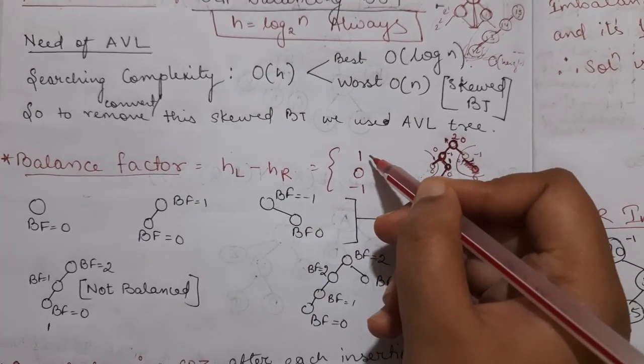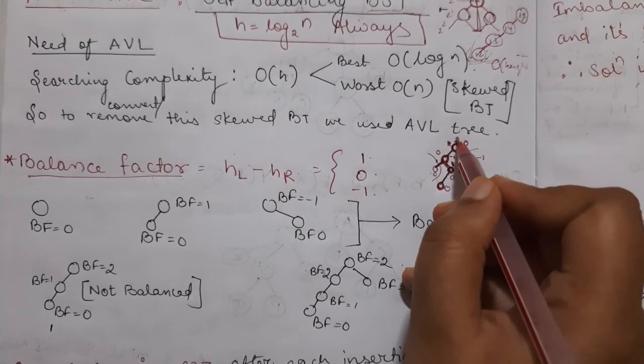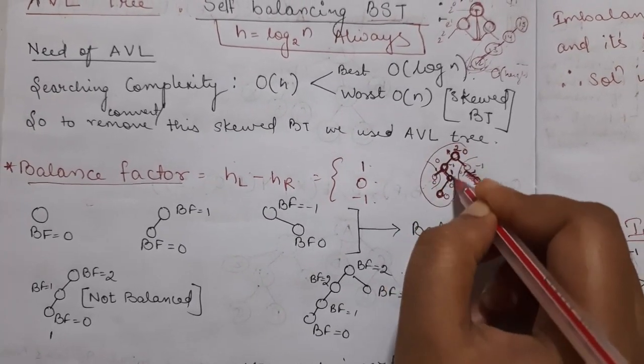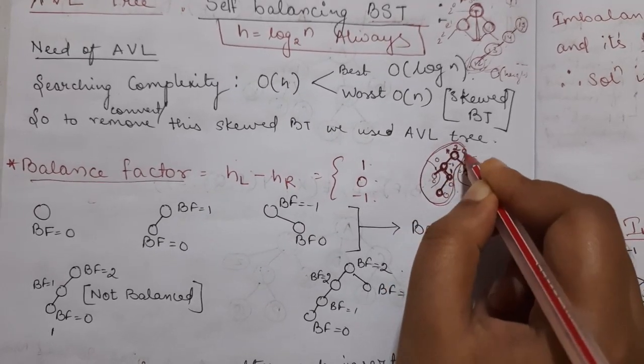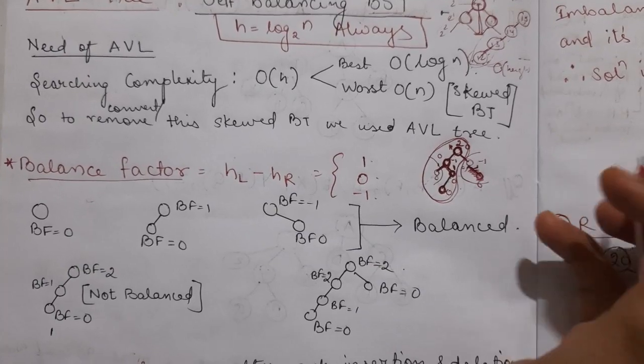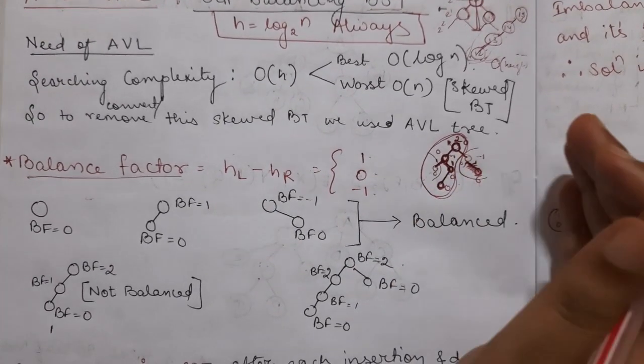The values it can have are 1, 0 or minus 1, but this node has a balance factor of 2, which implies that this tree is now not balanced. We need to balance it. Depending on the imbalance, we will balance it.